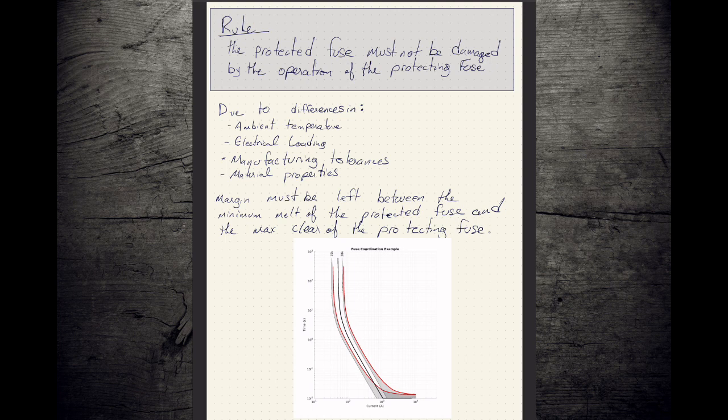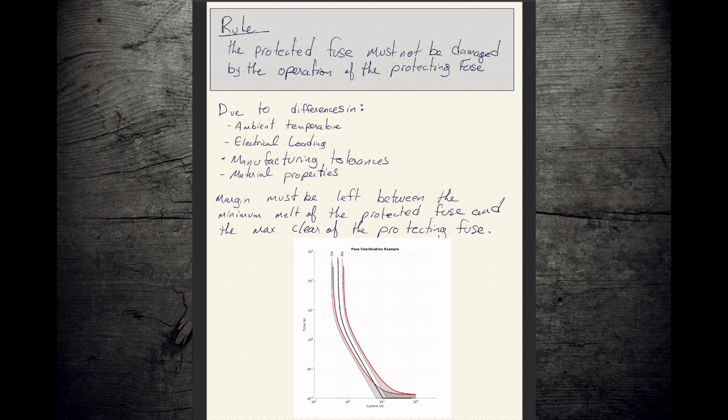Now, there's a little bit of complication that arises because our fuses can be subject to differences. The upstream fuse and the downstream fuse, protecting and protected, are going to have some differences. One of those fuses might be in the shade while the other one's baking in the sun. One of those fuses could be in an electrical room in an air-conditioned building, while the other one could be baking in the sun.